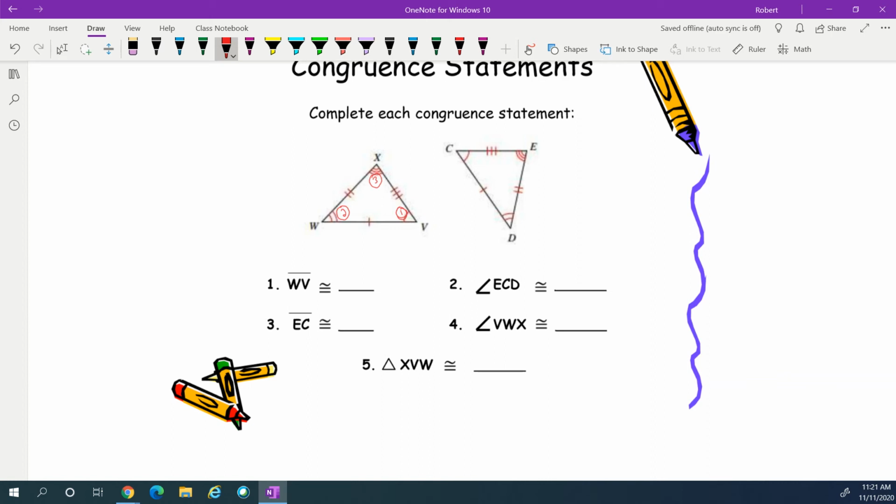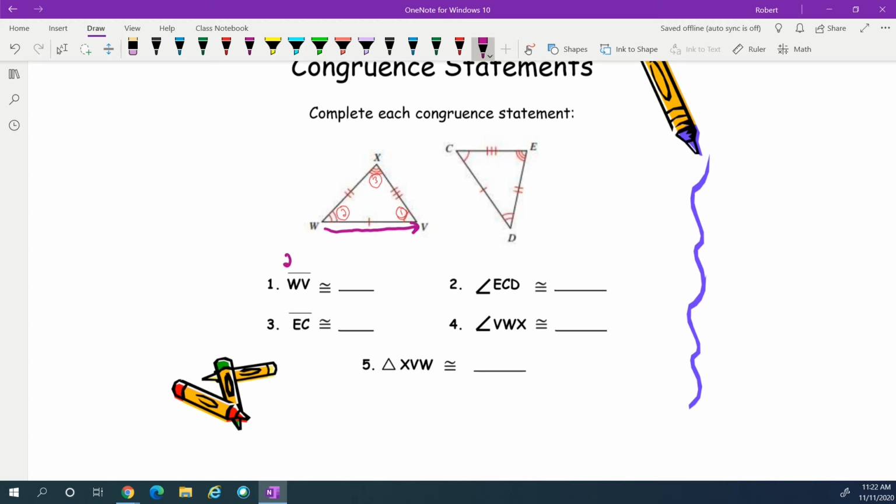So we want to make sure that we have this correct segment, but also the letters are in the correct order. So look at number 1, WV. Well, WV, and I'm putting an arrow because that's the order. Sorry, erase that, fix this. WV.